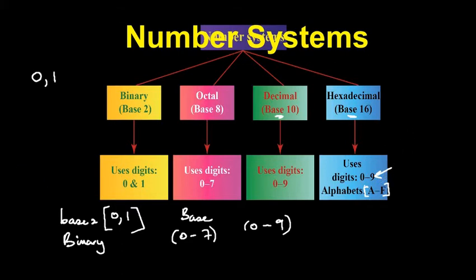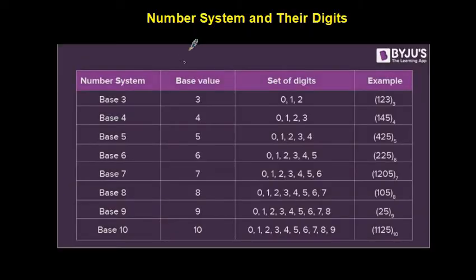Let's move over to this table and have a look. So number systems and their digits. We have base 3, base 4, 5, 6, 7, 8, 9, 10, and the base values for these number systems are listed in this column. So for base 3, the base value is 3 and the digits are 0, 1, 2.